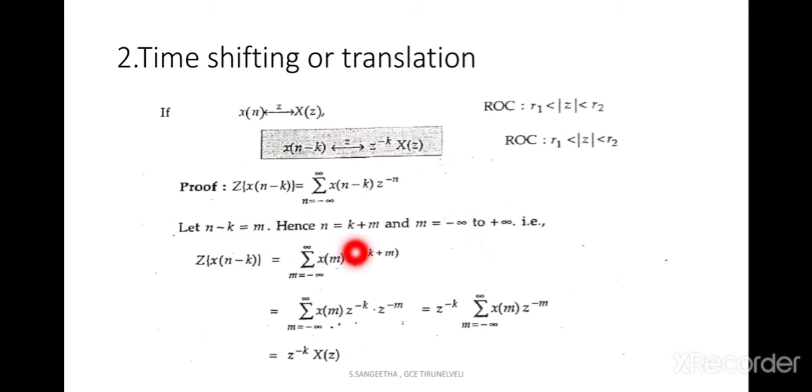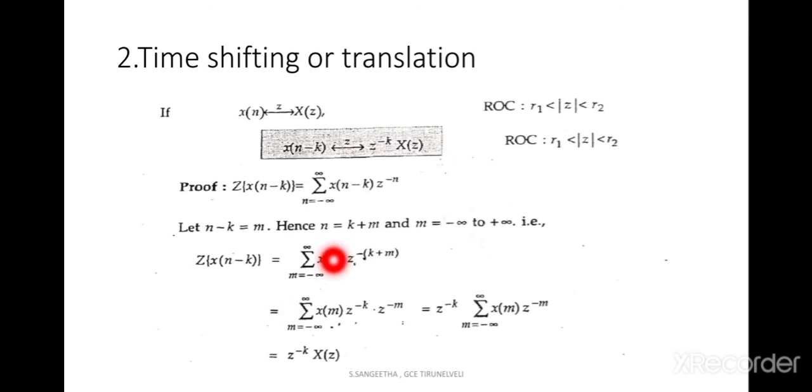Hence n is equal to k plus m, where m lies between minus infinity to infinity. That is the summation of m equals minus infinity to infinity x(m) z to the power minus (k plus m), replacing the n value with m.